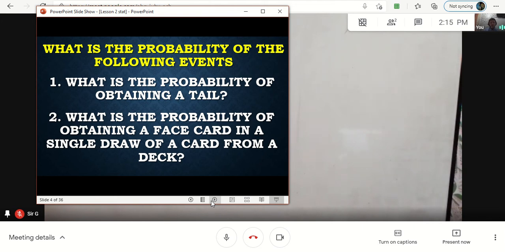Alam ko na tinuro na to sa inyo way back grade 8, yung probability of the events. So first, what is the probability of obtaining a tail? So, focus muna tayo sa una. Since meron tayo ditong tail kung saan nakikita natin sa coin, that is the sample space of a coin.